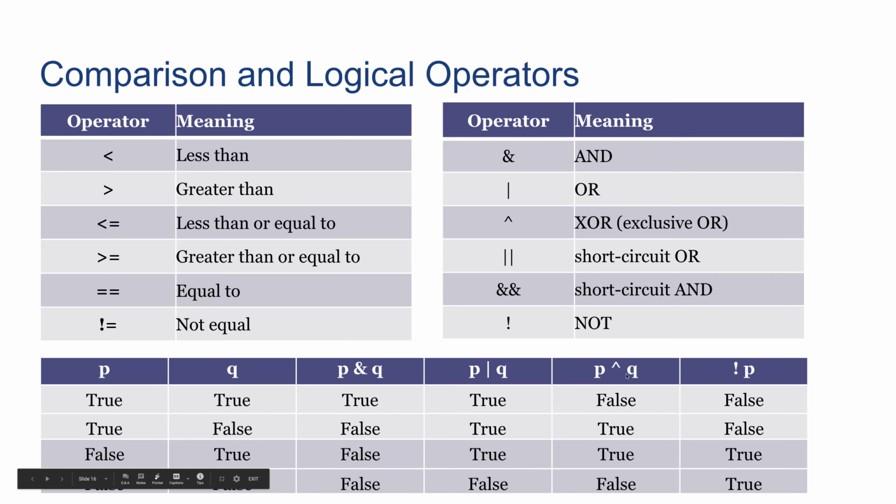If both of them are false, it will return false. And finally, the NOT operator basically negates. It's a single operator that only needs one expression. So if P is true, it will return false, and if P is false, it will return true. So let's see this in examples.